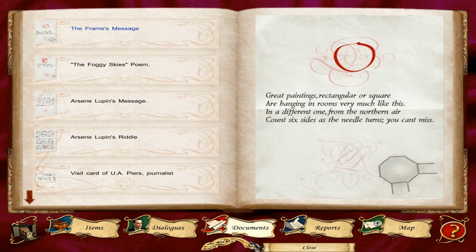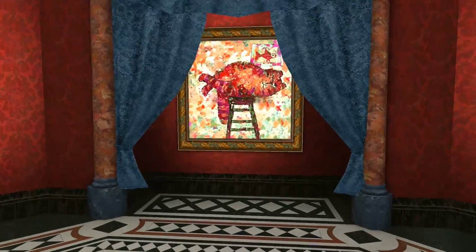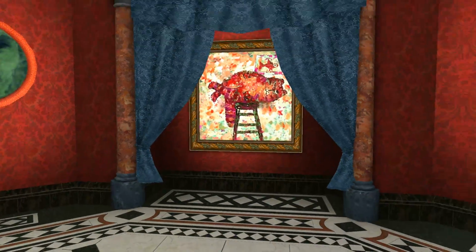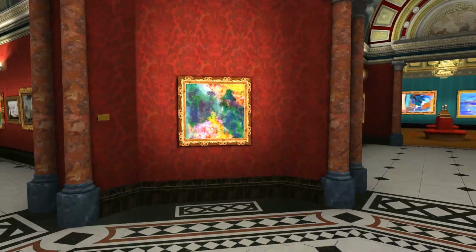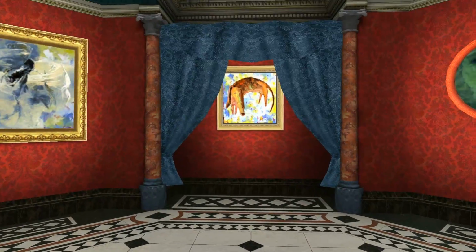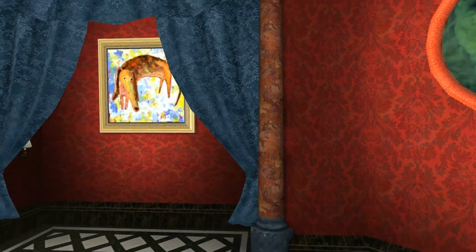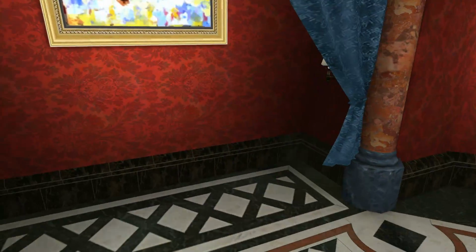You can't miss. So we're facing the cat. And then we've gone 1, 2, 3, 4, 5, 6. If I'm still here, is there something in here that I should be interacting with?